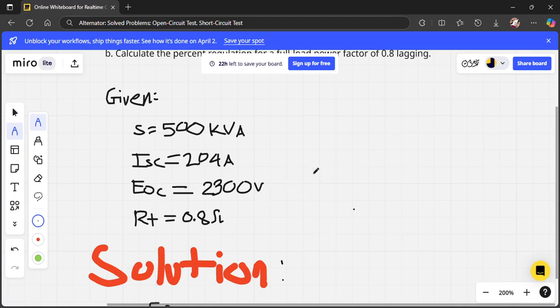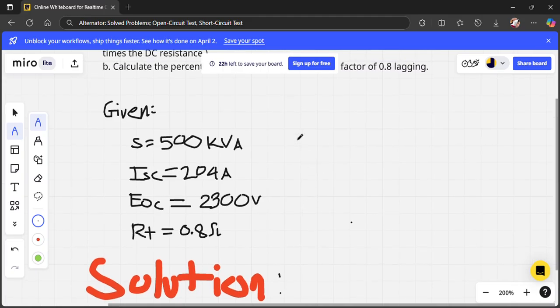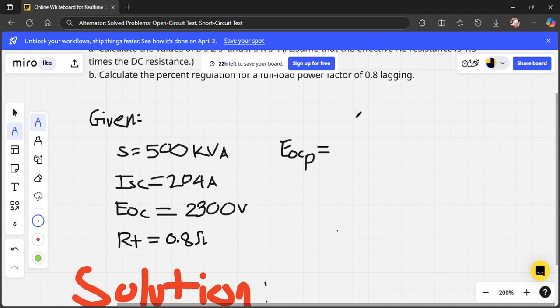E_OC phase is E_OC divided by square root of 3.